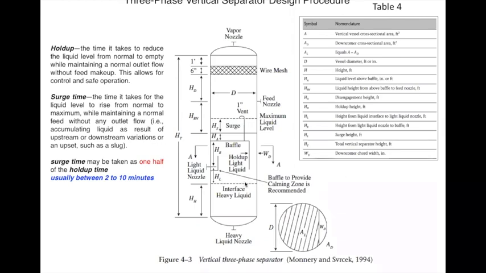Okay, so here there is an interface: above there is a lighter liquid and below there is a heavier liquid, and this is approached by the downcomer. So this is the design of this three-phase vertical separator, and all these factors must be taken into account before we go and design.